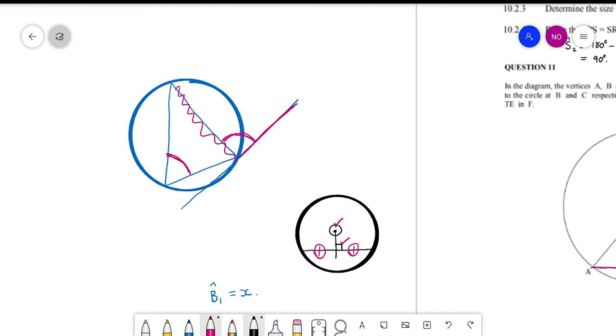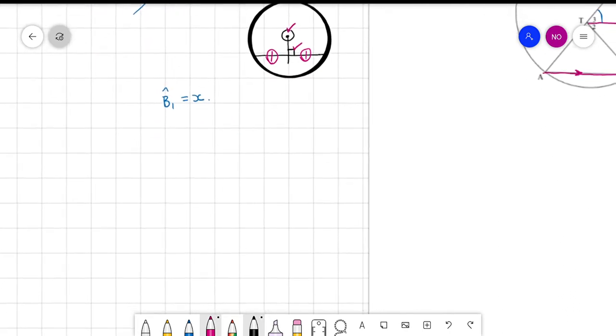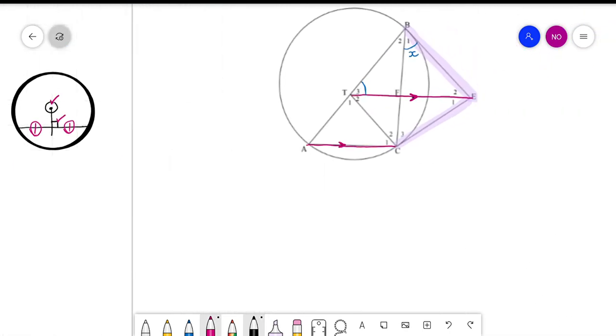Okay, so jy gebruik die chord as die basis van 'n driehoek. You use the chord as the basis of a triangle, and then you say the opposite angle in that triangle will be equal to that angle. Good.